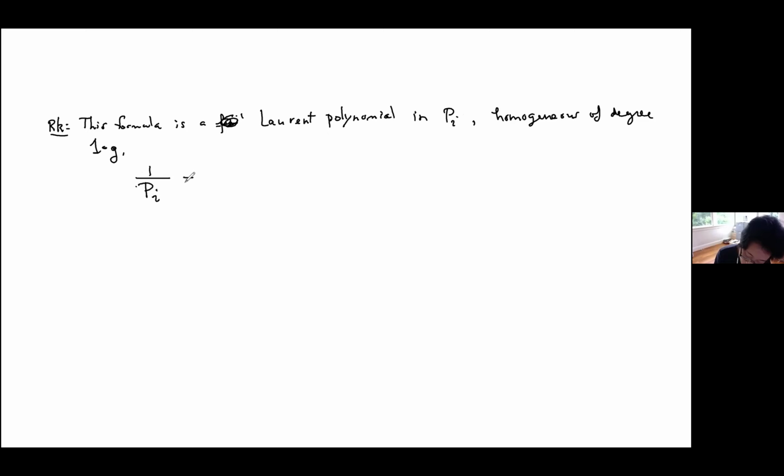If you have a 1 over capital P_i, that's 1 over 1 plus little p_i. So this should be interpreted as 1 minus p_i plus p_i squared, and so on. So in this way, this thing, when expanded out, really is an element of lambda hat, because it's a power series in the little p_i's. Did that answer your comment? Yes, thank you. Okay, great.